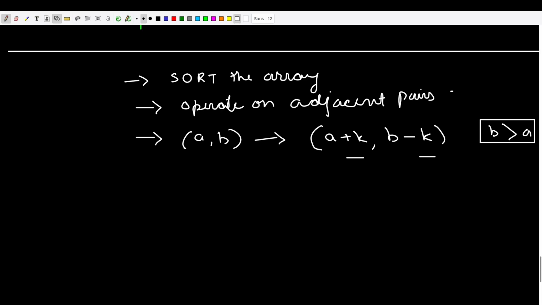Okay, so there is one last thing which we have to add and which we need to understand, and then we will jump to our coding part. The minimized height will not be obtained just by calculating the difference between these two pairs. We also have to take into account that when I am performing a plus k, or b minus k, what is the maximum element which could be there, or what is the minimum element which could be there.